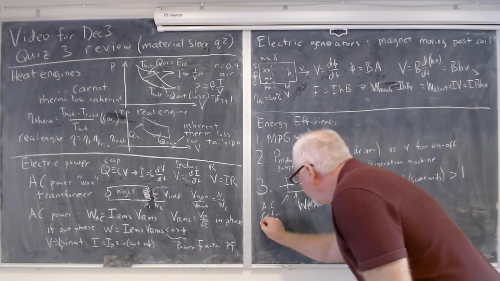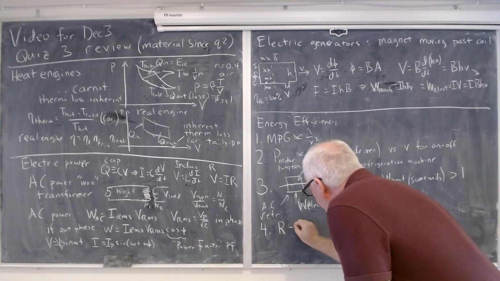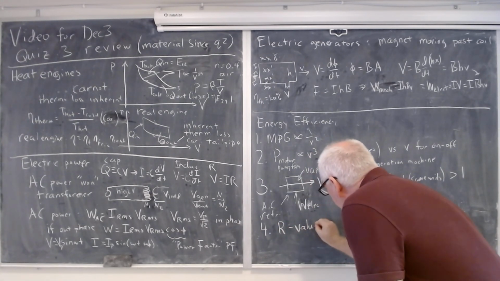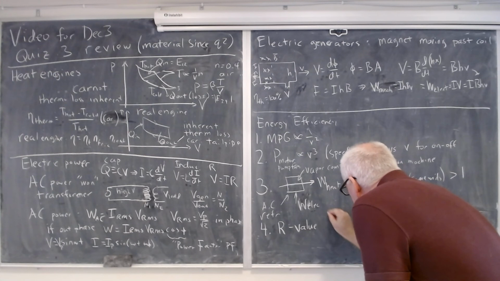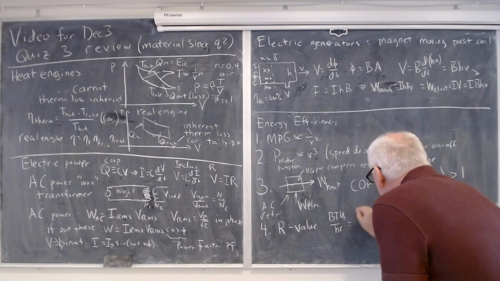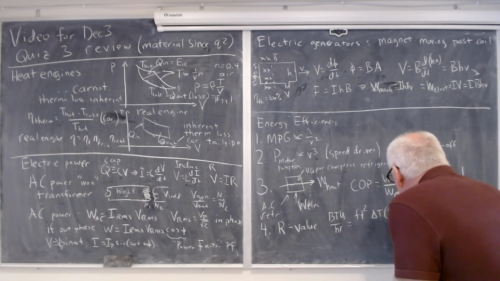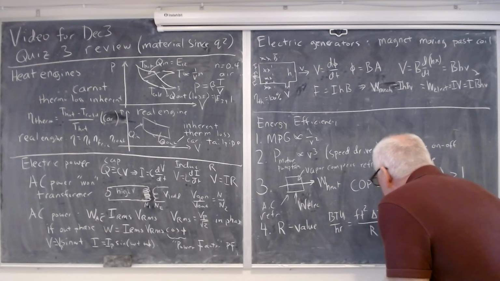Then 4, we learned about R value, which is BTU per hour equal to the square footage times delta T in Fahrenheit divided by R.